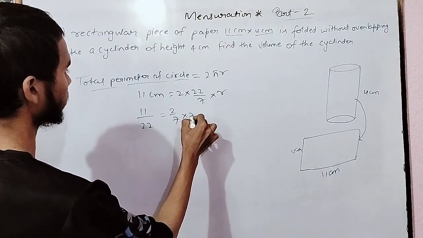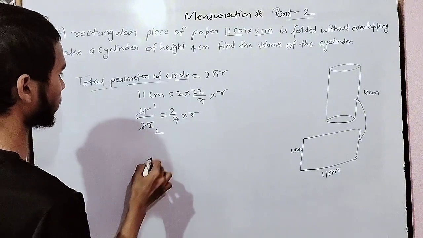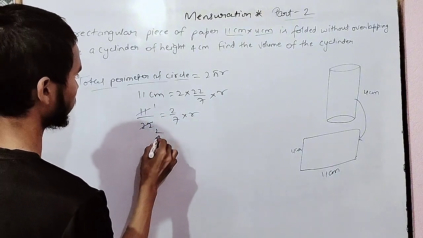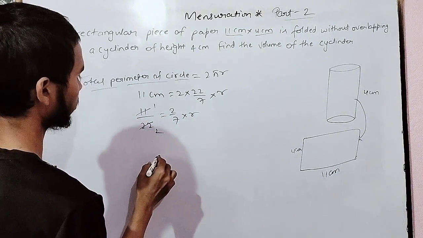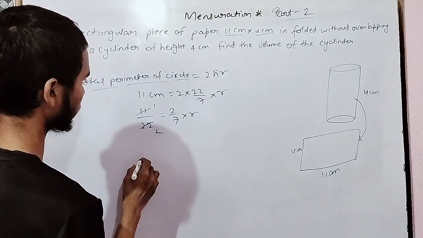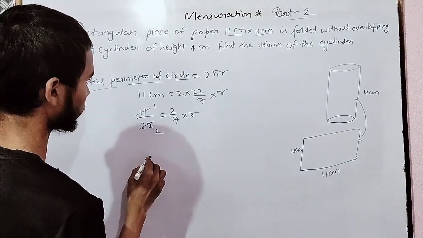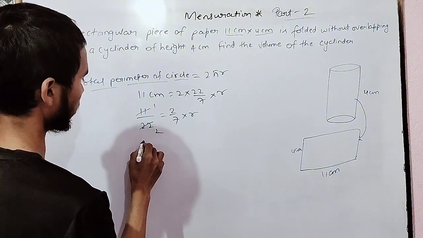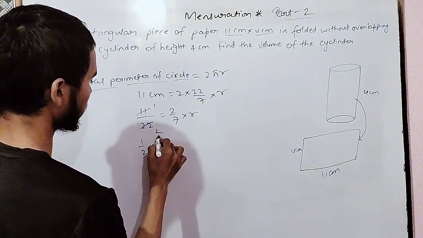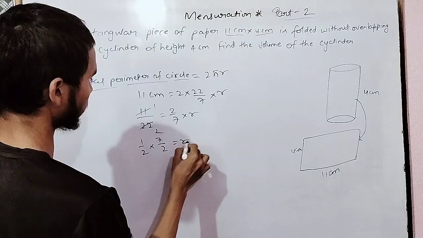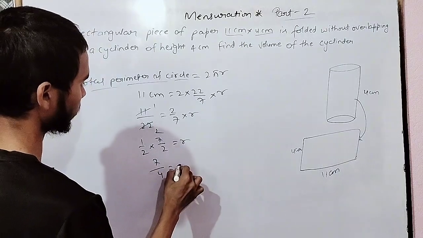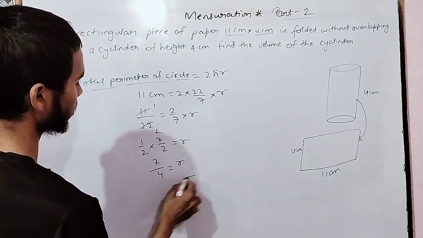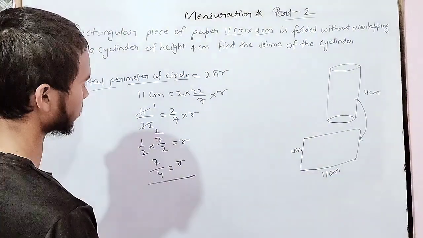2 by 7, 11 2s is 1 by 2. Now 1 by 2 multiple 7 by 2 is equal to r. This is the radius.